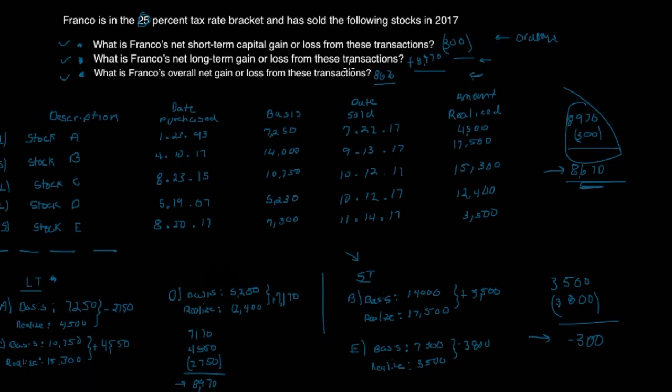But if you have a long-term capital gain, that is going to be taxed at your preferential rates. They're not taxed at the rate that you're being taxed for your income. They're taxed at a little bit of a different, more lenient rate. But that doesn't really affect this problem at all, because it doesn't ask at what rate they'll be taxed.